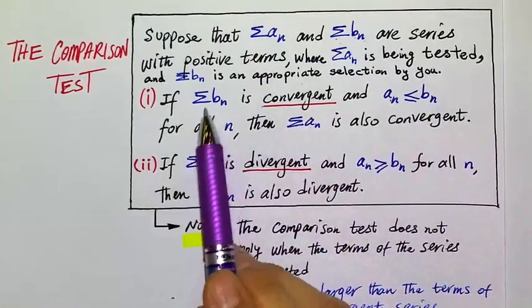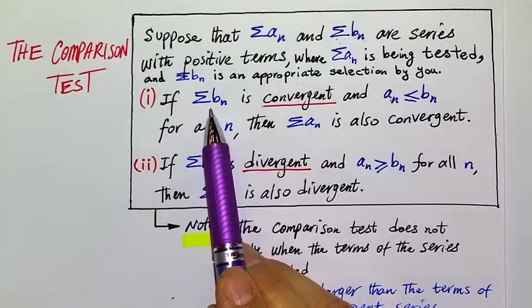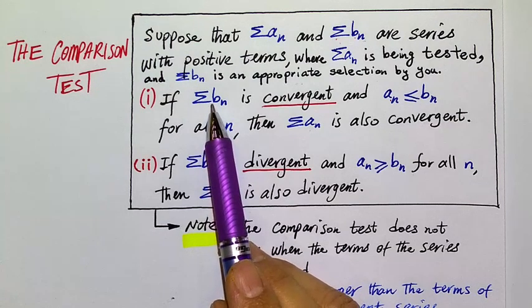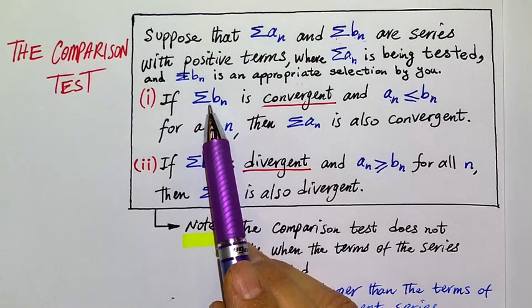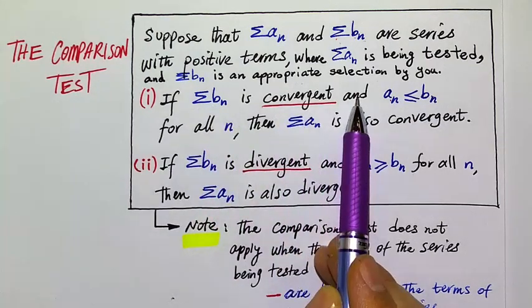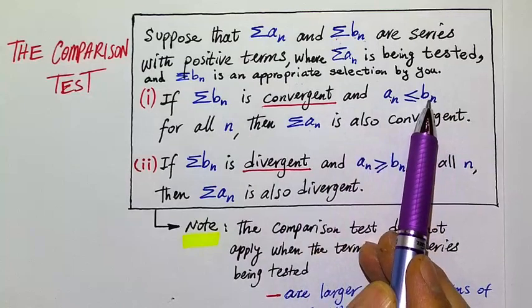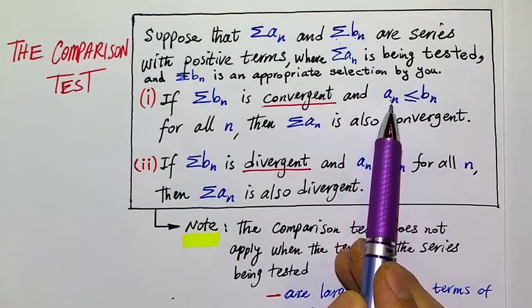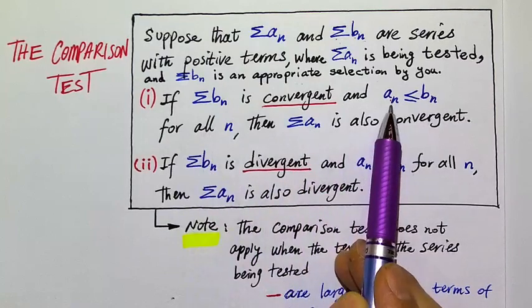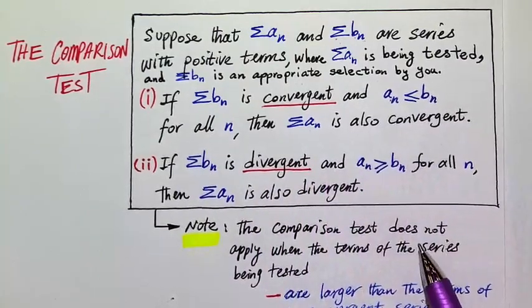The series that we've picked could be either a geometric series or a P series, because we know when these two kinds of series converge or diverge. If that series is convergent and it happens to be larger than the series we're testing for all values of n, then the series that we're testing is also convergent.